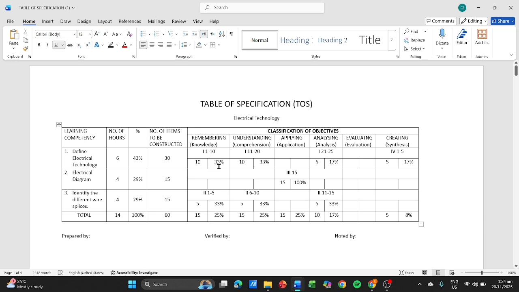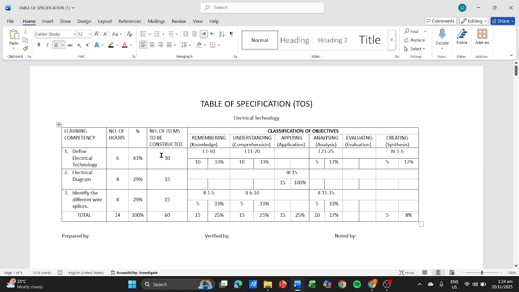So how did I come up with this percentage? In this format, I come up with the percentage by dividing the current items for a particular classification of objectives, which means 10 divided by 30. You can use your calculator if you're watching this video in order to clarify the computation.